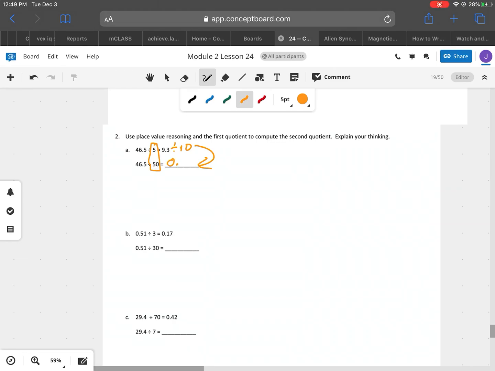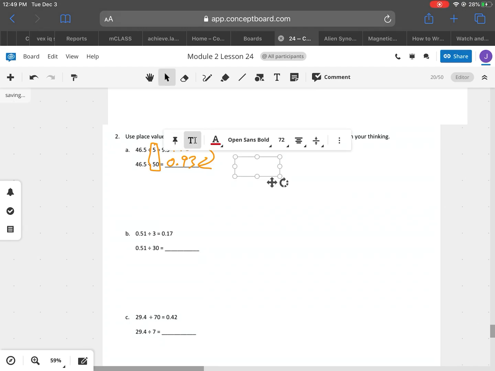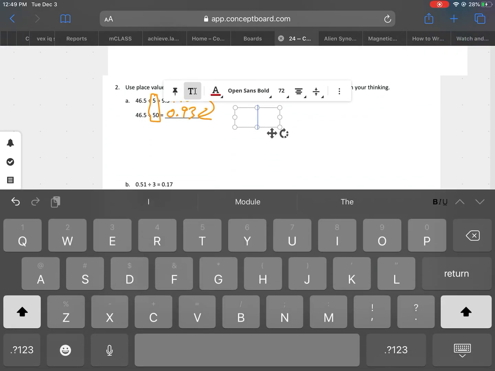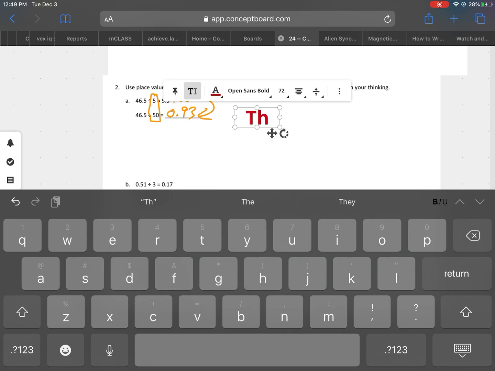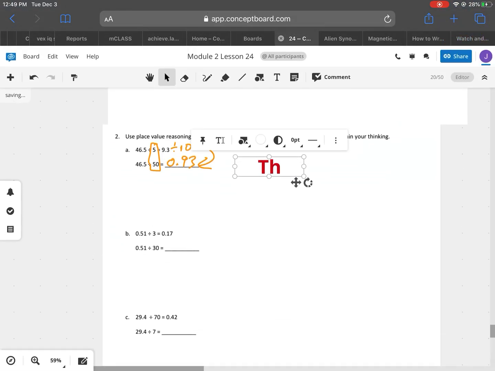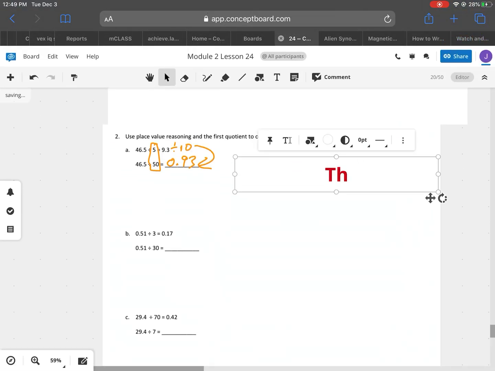So I'm going to shift it over, and now I have to explain. So I might write down, it does ask me your thinking, so I'm going to say, this thing always does this to me.